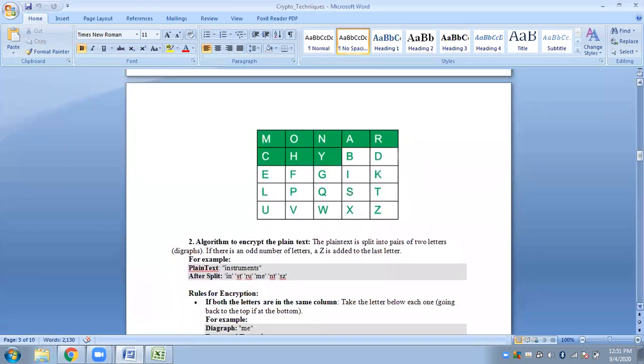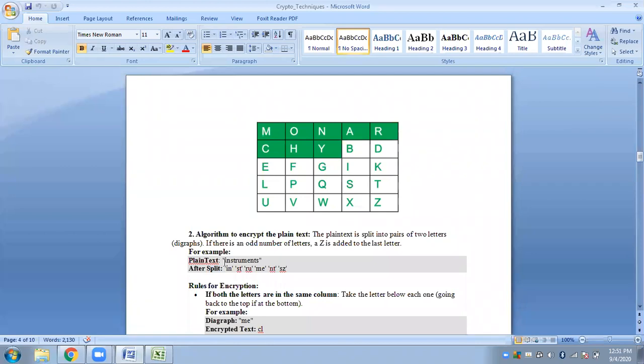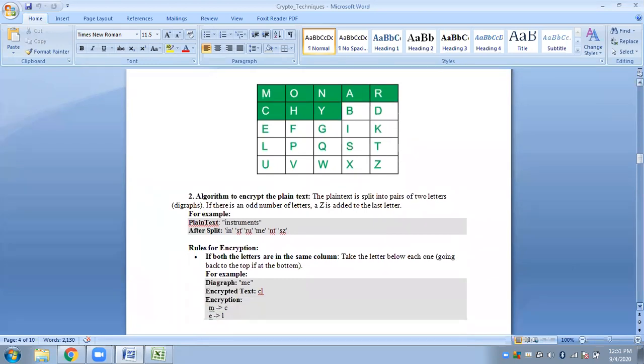Then we split the plain text into pairs, two letters in a group. If at the end we were left with only one character, that was not a pair, so to complete the pair we chose a dummy alphabet, which was Z. You can choose any other.